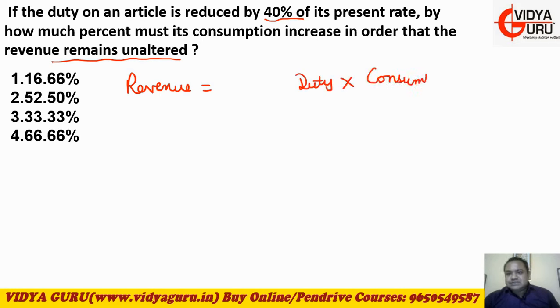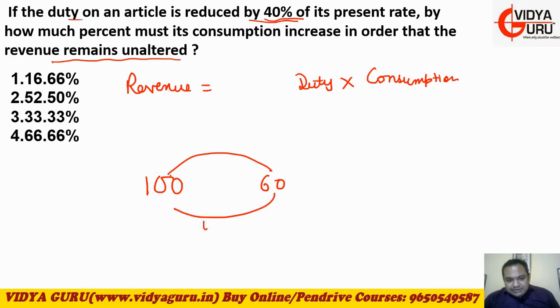How much goods is being bought? So it is said that duty is reduced by 40%. So start from 100. So 100 reduces by 40%. That means 100 became 60. So answer is hidden in, you have to bring back 60 to 100. You will get the answer.